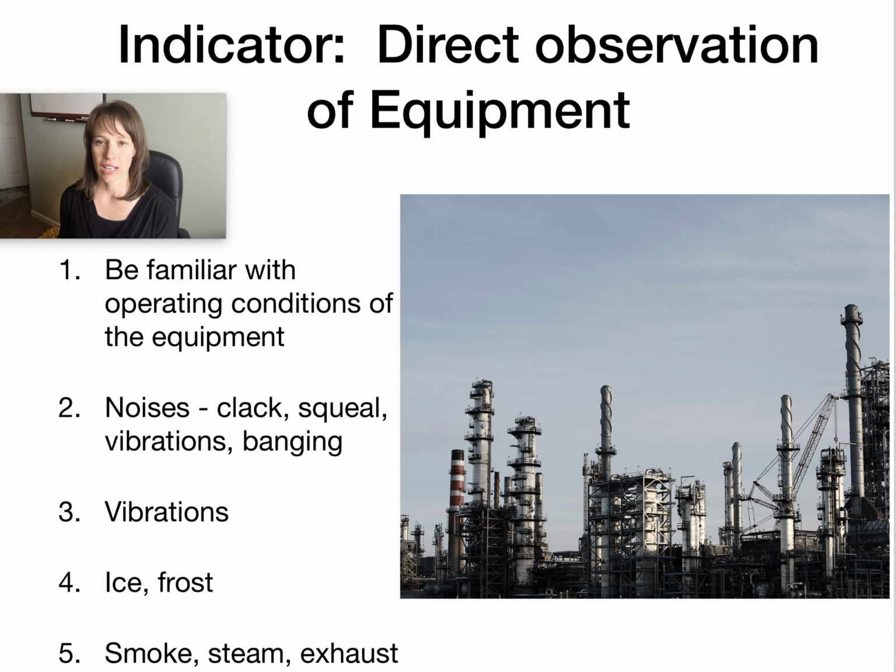In any plant that's working, especially like a cryo plant, you could start having ice or frost on the equipment indicating some kind of problem, or you may actually see a temperature change differently as smoke, steam, or exhaust. And those are all ways that you may observe issues in the plant. Of course, you need to be out there regularly getting familiar with your equipment before something goes wrong so that you do know when there is a change.